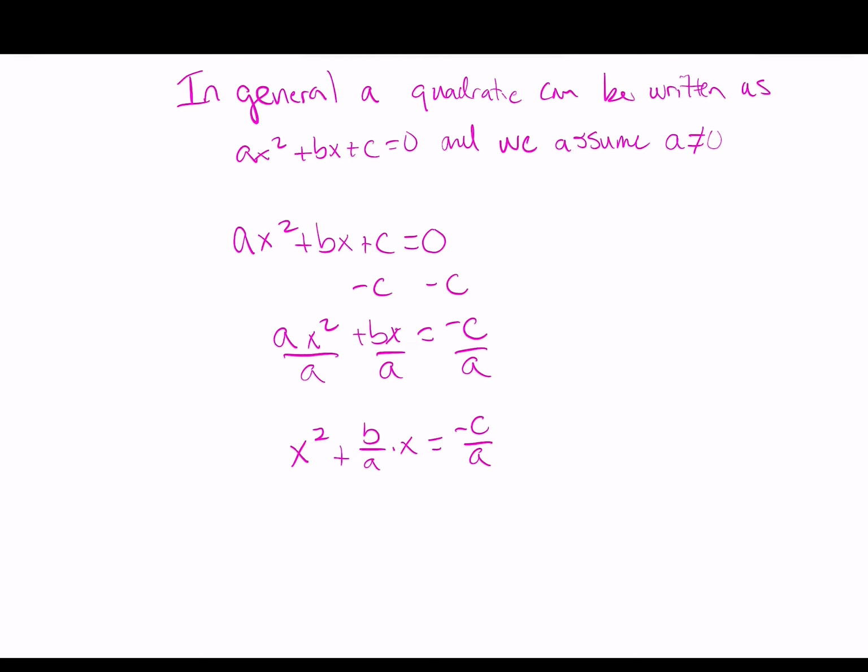So now what we can do is find half of the middle term and square it. So b over a, not b over 2, times 1/2, and square that. We get b squared over 4a squared.